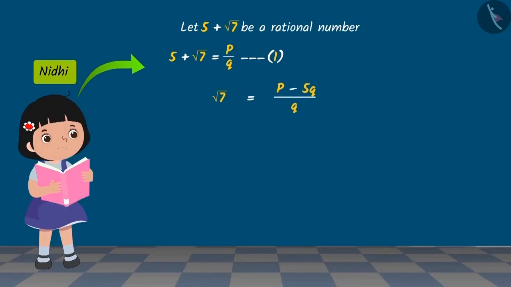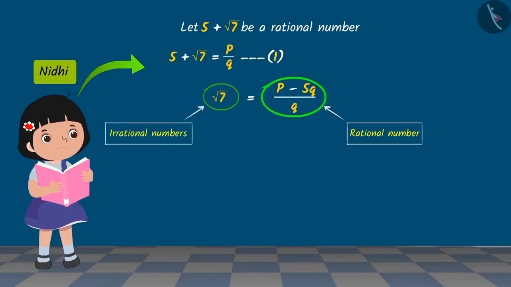So, since P and Q are rational numbers, P minus 5Q upon Q on the right side is also a rational number. But the square root of 7 on the left side is an irrational number.